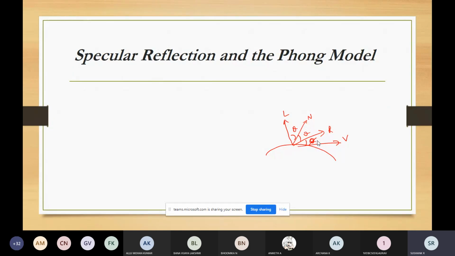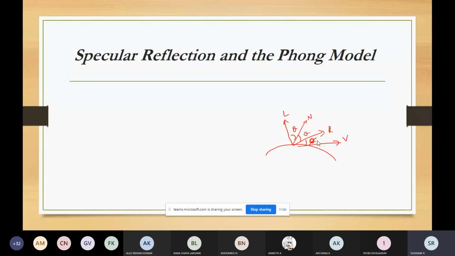Whatever light is incident, that entire light is getting reflected around that bright spot, so that region will be seen as very bright. This image shows a specular reflection for a particular position on the surface. So what is specular reflection? Whatever light is incident, that entire light is getting reflected from that surface. This angle you can call the specular reflection angle.